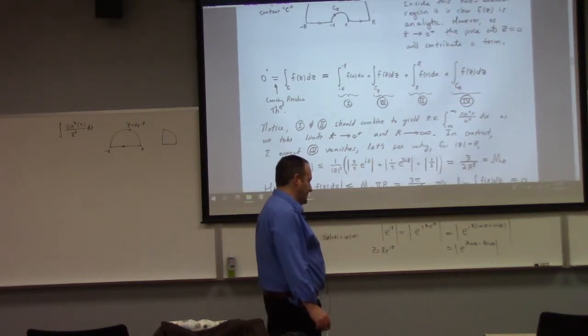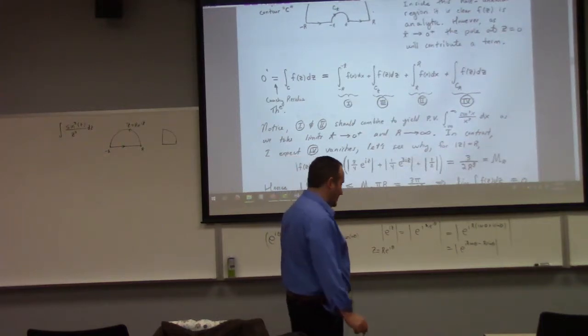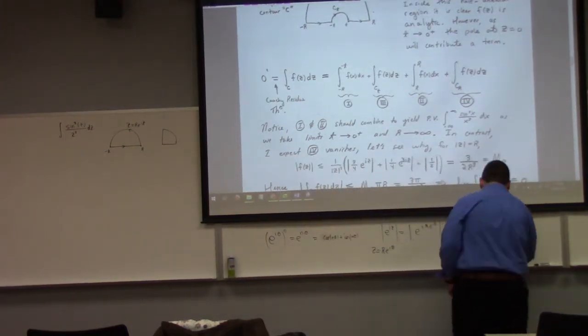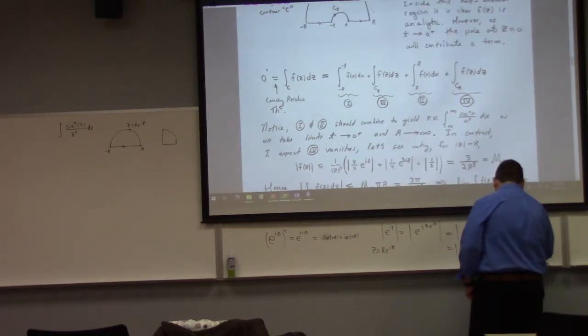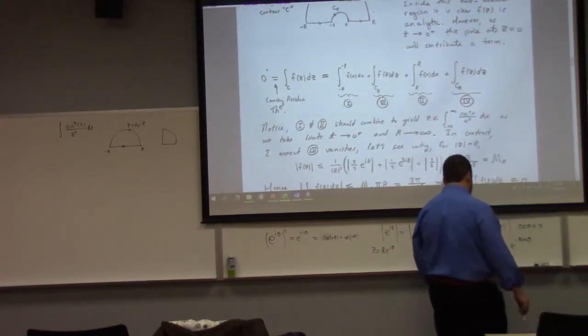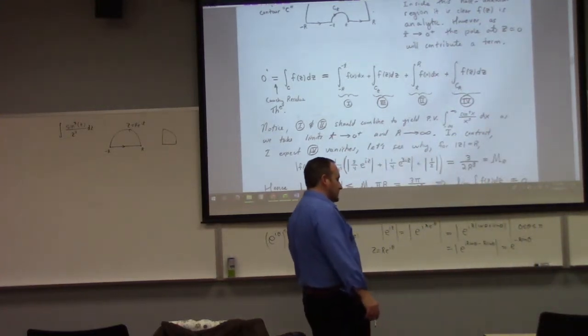So that gives us what? Right. Oh, but 0 is less than or equal to theta, less than or equal to pi. So what does that say about sine theta?